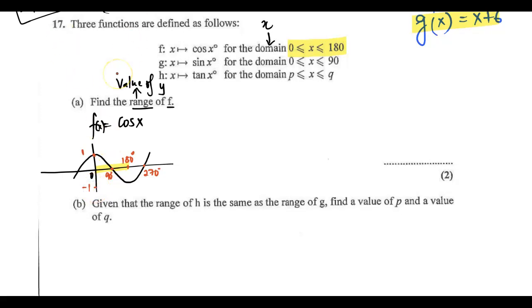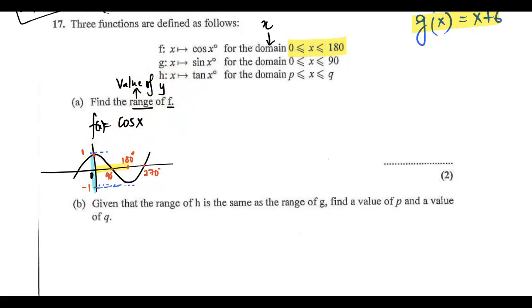It's like a peak and a trough, so if the peak is +1, the trough is going to be -1. Now we just have to check this. So actually our range is this. The range is -1 to 1.